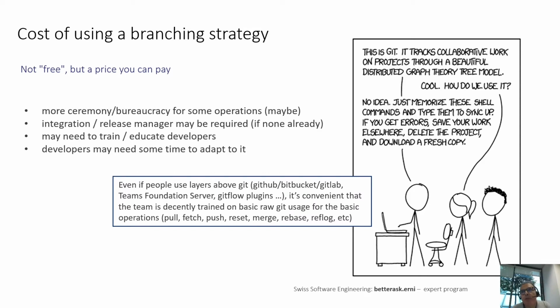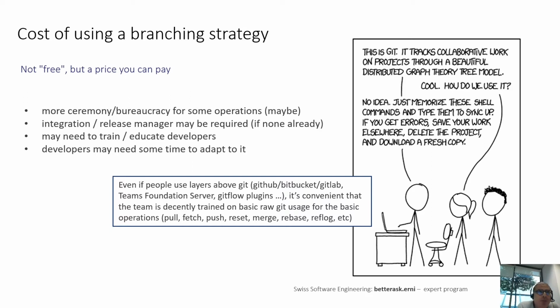So you have to be patient in the beginning, okay? This cartoon here is from the famous strip on the internet, XKCD. Git is complicated. At least to start, when I started to use Git, as I already said, I didn't understand anything.